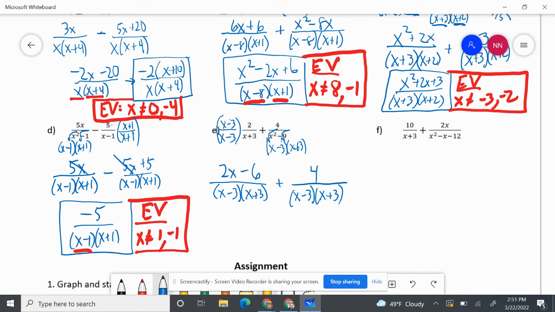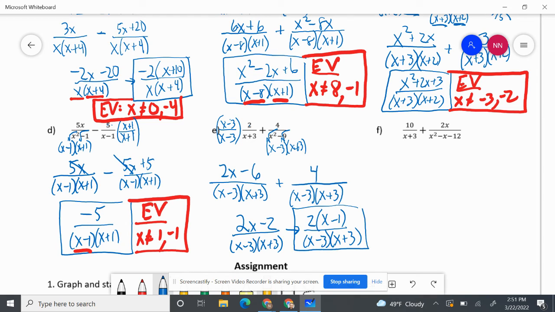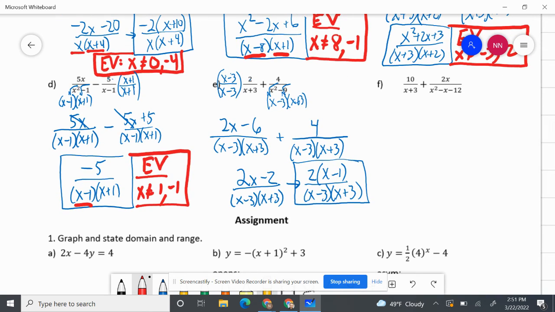We add the like terms. So it's 2x minus 2. And we see that they have a 2 in common, so we're going to factor out a 2. And we get an x minus 1. And then we have an x minus 3 and an x plus 3. So our excluded values, it's what gives us 0 in the denominator. X cannot equal 3 and negative 3.